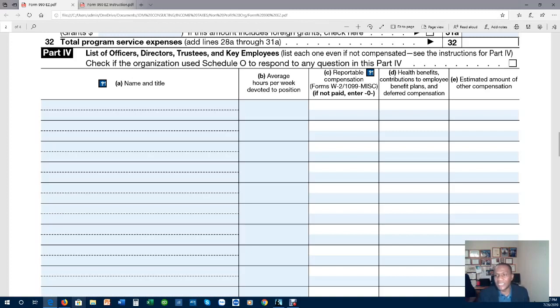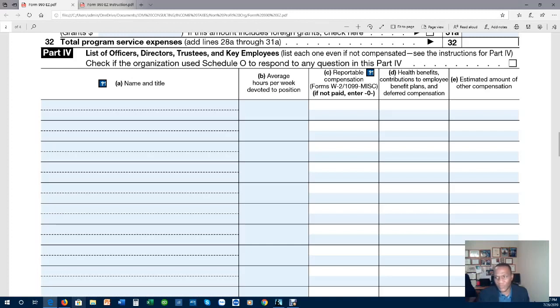Again, that is good for the organization when it is very transparent in accounting for what is going on with the funds they receive from donors.